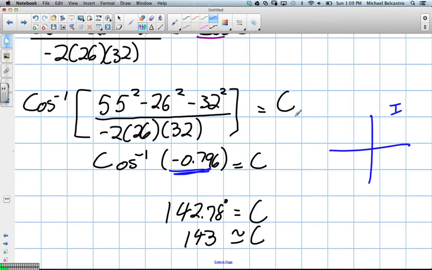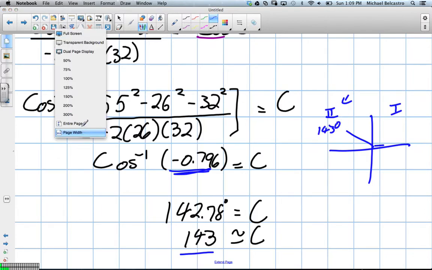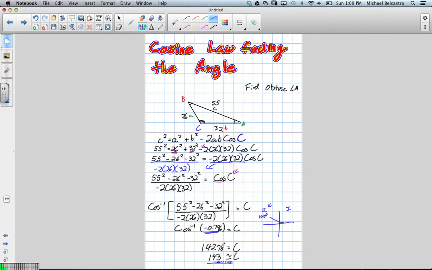And like you said before, the only other quadrant that allows angles small enough to fit into a triangle would be quadrant 2, which means this must be an obtuse angle. And that's exactly what we found: our obtuse angle here is 143 degrees. And that's pretty much all there is to cosine law, especially with just finding an angle.